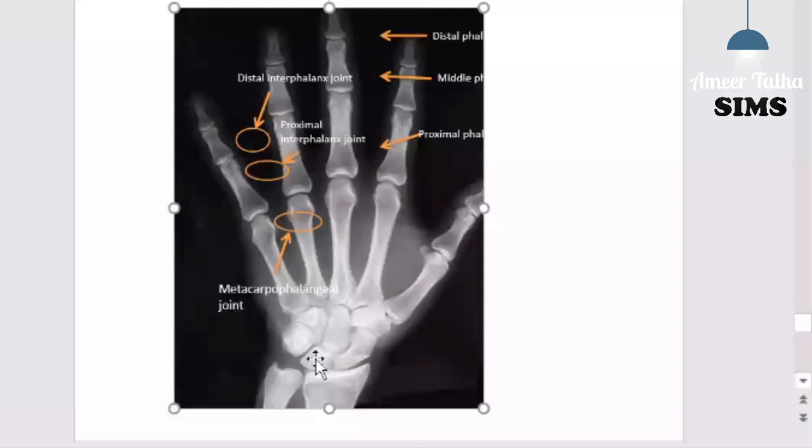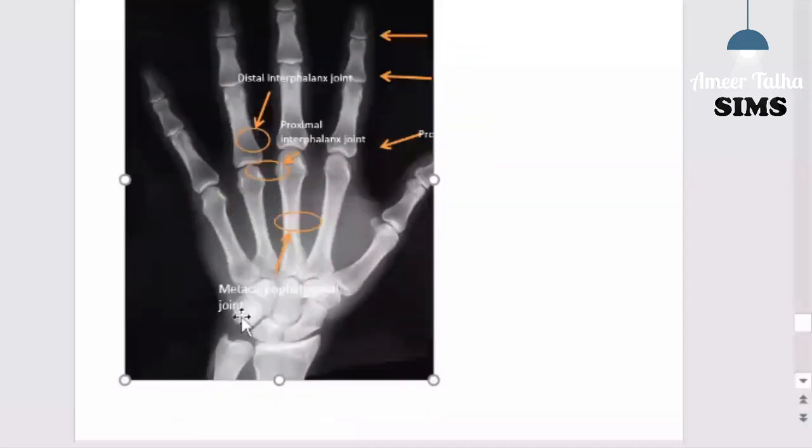If the lateral view is shown, then the pisiform will be commented. Otherwise, this area has the shadow of the triquetrum. In the distal row, trapezium, trapezoid, capitate, and hamate, sequence-wise.